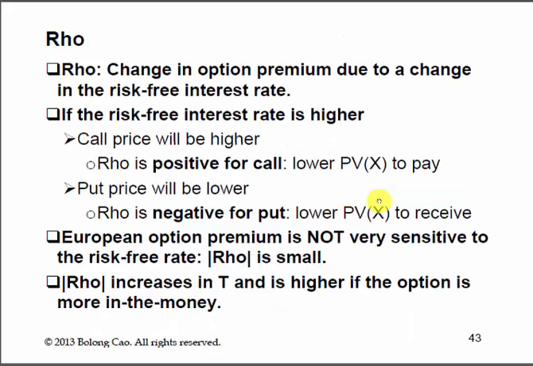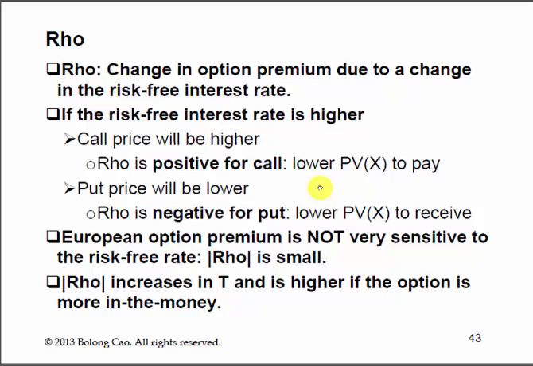Okay, rho. Rho, in English, R is the risk-free rate in the Black-Scholes. So what it says is the change in option premium due to a change in the risk-free interest rate. Now, if the risk-free interest rate is higher, it will make the call premium higher because it decreases the present value of the strike price.